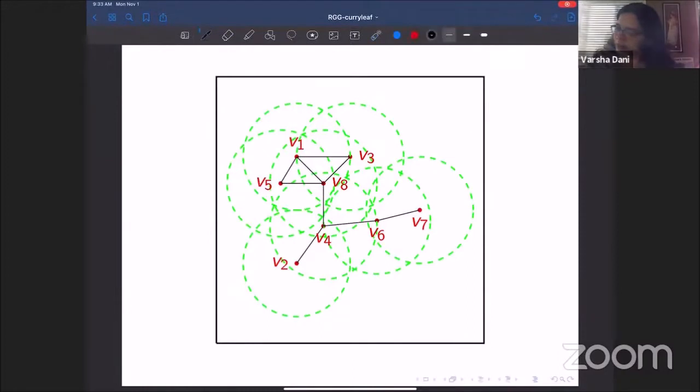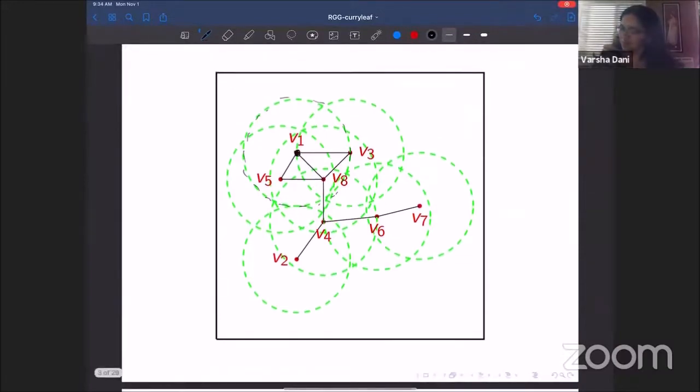Well, say you look at this vertex, and then you take the radius R disk around it, and whichever of the other vertices are in there, you add the edges. This is how you construct the graph, and it is called a geometric graph with distance R.